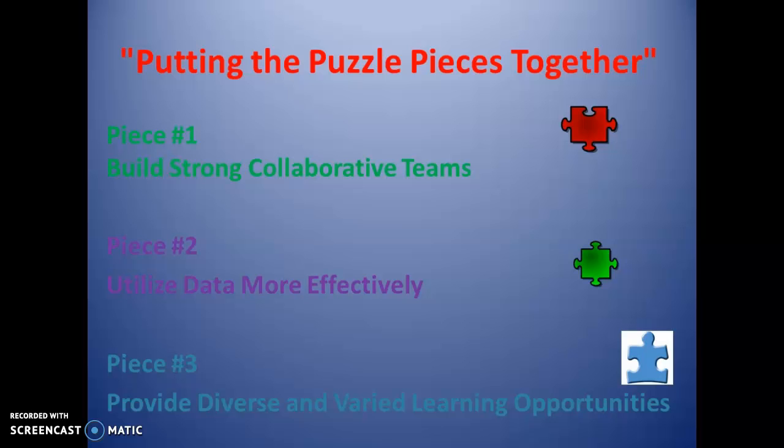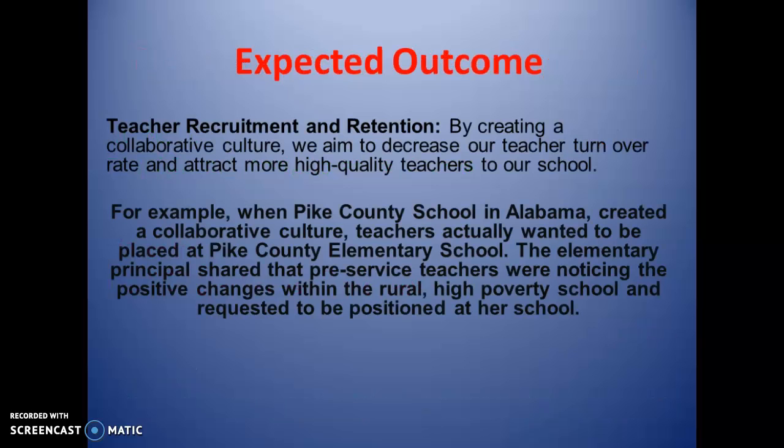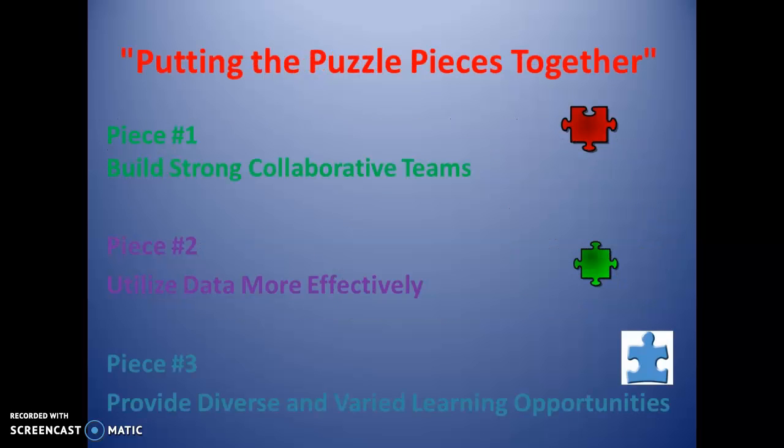What might that look like? It may look like addressing different learning styles throughout our school building. It may also look like having opportunities for project-based learning. And lastly, it may require us to develop some specific learning plans for students who may not be achieving.